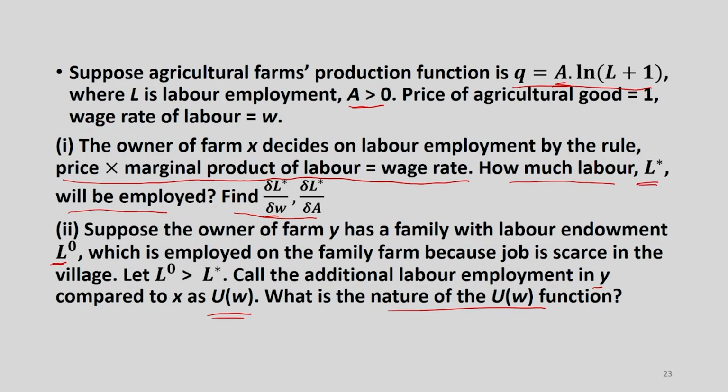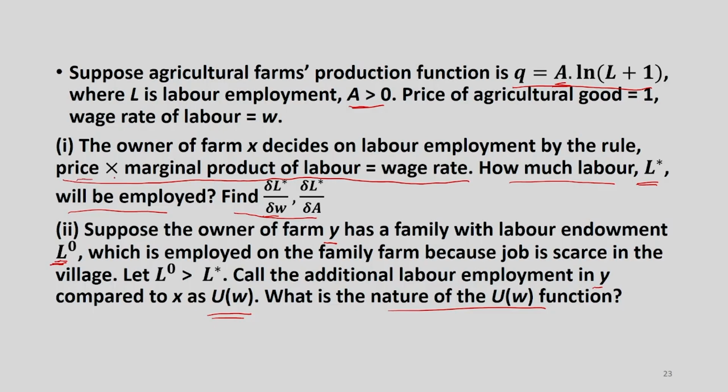So, this is one kind of firm. The other kind of firm in part 2 is the Y firm, where the employment decision is not decided by price multiplied by marginal product of labor equal to wage rate, but by how much labor there is in the family which owns that firm. The family is endowed with L0 amount of labor, and that labor will be employed on the farm irrespective of what the wage rate is.